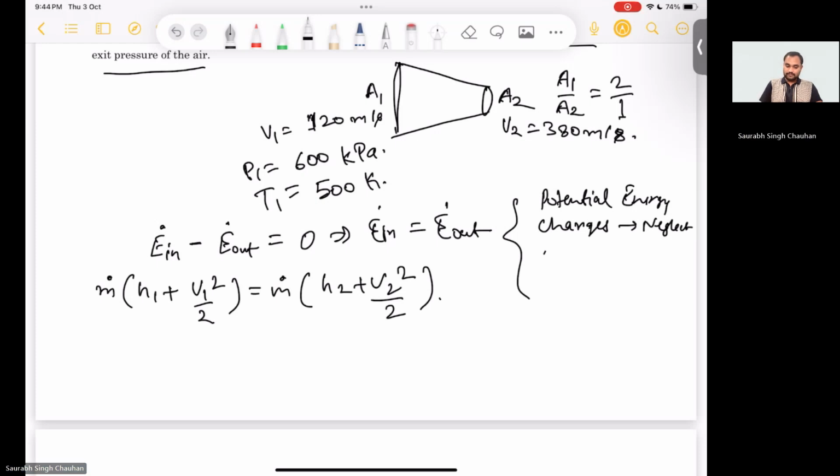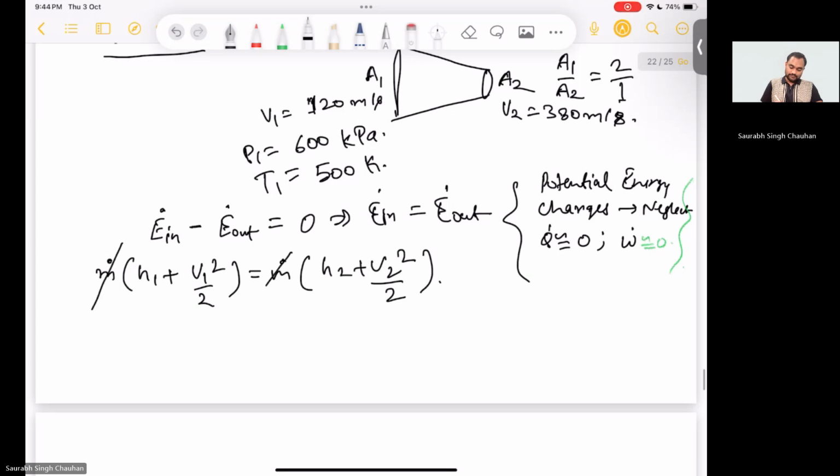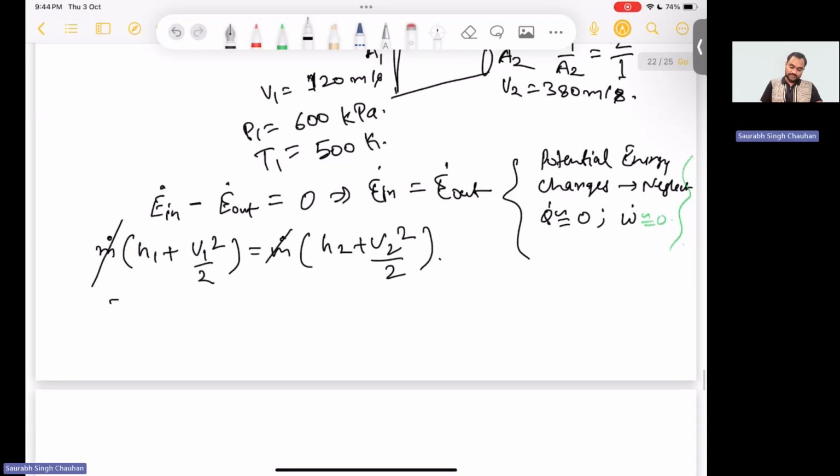Okay, and there is no heat and work transfer. Okay, and there is no change in mass flow rate, that is constant throughout. So what we have? We have h2 minus h1 is equal to v2 square minus v1 square by 2. Correct?